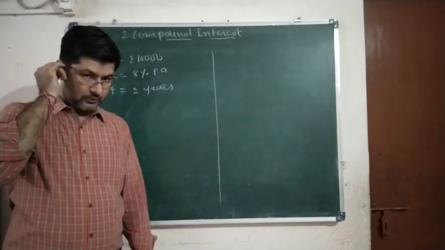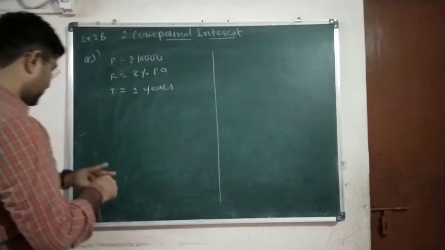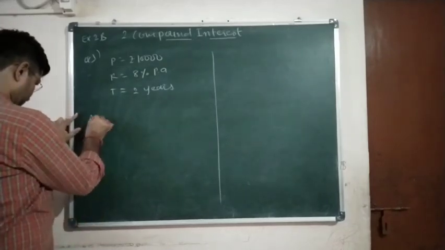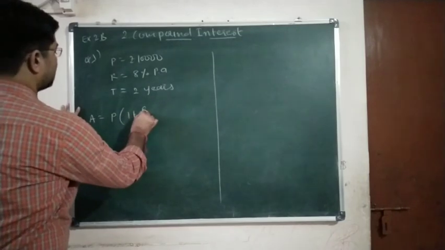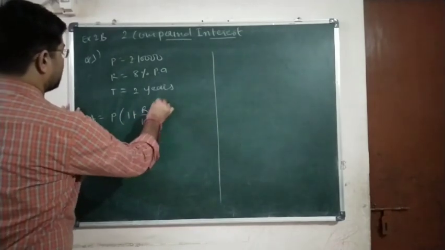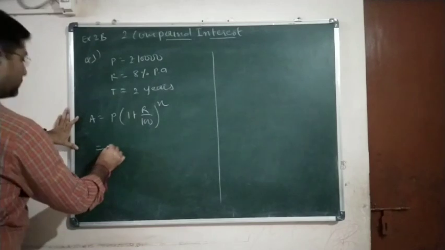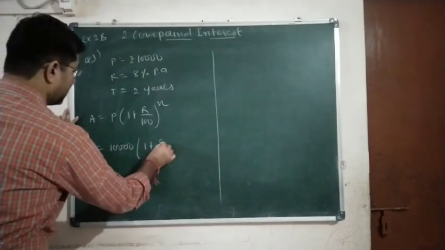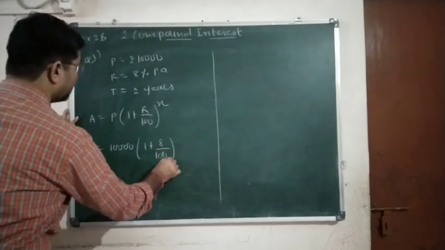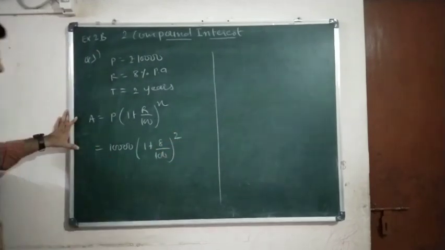So we can directly put the formula for amount. We have a formula: amount A is equal to P into (1 plus R upon 100) raised to N, which is equal to 10,000 into (1 plus 8 upon 100) raised to time, 2 years.